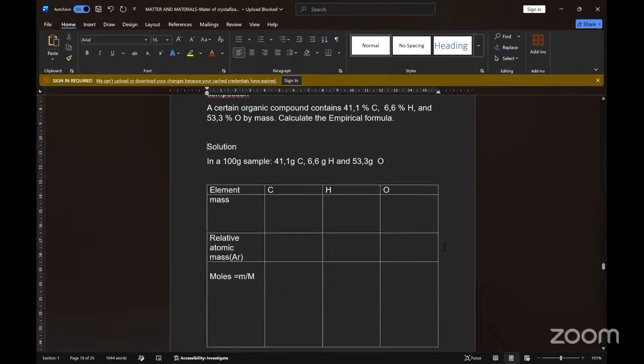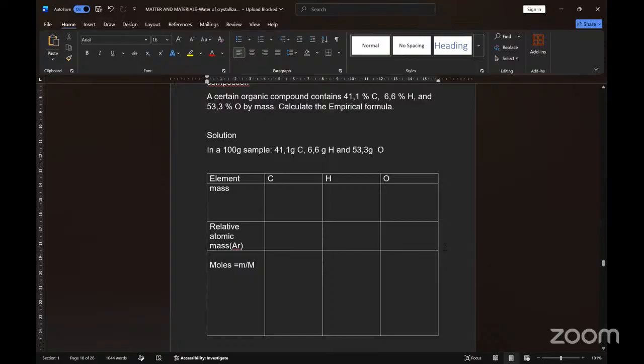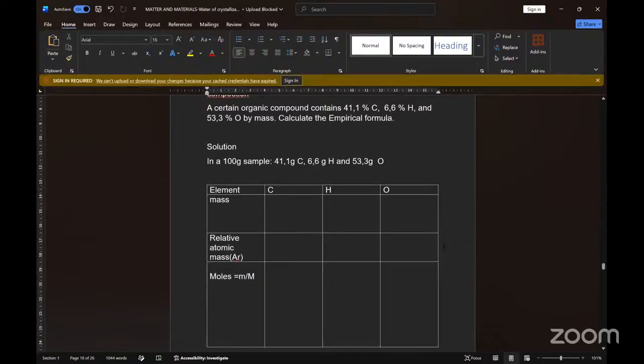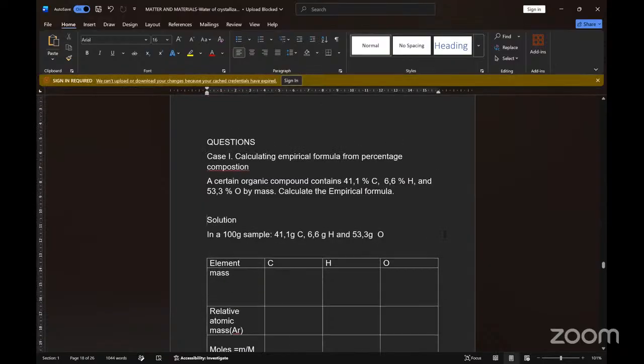Again, your teacher may have a different way of doing it, but usually I prefer this format where you put it in the form of a table. It's easier to see things so that you don't make a mistake. Now, when you are given something in percentages, because the percentage affects all of them, your carbon, your hydrogen, your oxygen are all in percentages, you can assume that you are using 100 grams of the sample or the substance.